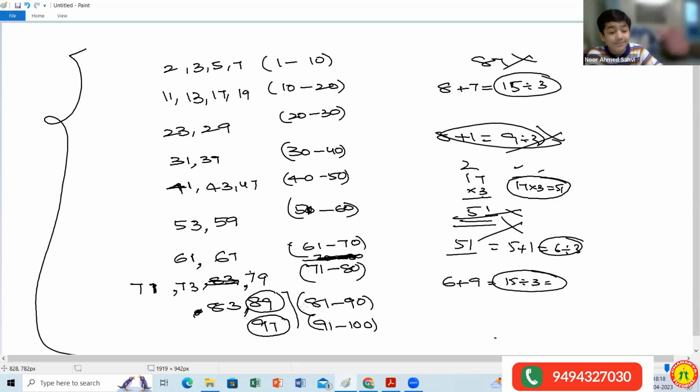Ma'am, odd numbers, only one is even. What is the only even number? 2. That's why the question they may ask you frequently: the only even prime number is 2. That's the least prime number.